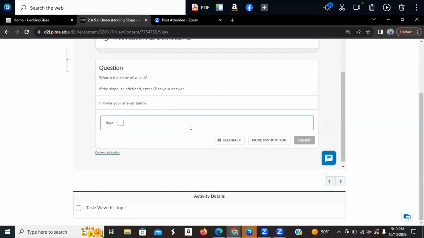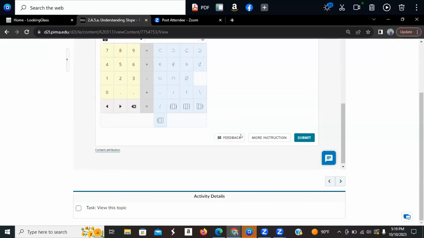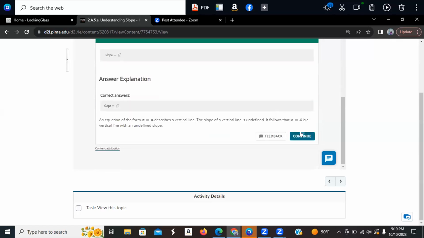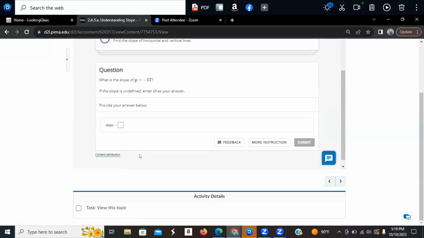Okay. This was a problem we did earlier. When it's x equals a number, it is undefined slope. When it's a horizontal line, so this is a horizontal line. Do you see how this one's different than the previous one? It's y equals a number.